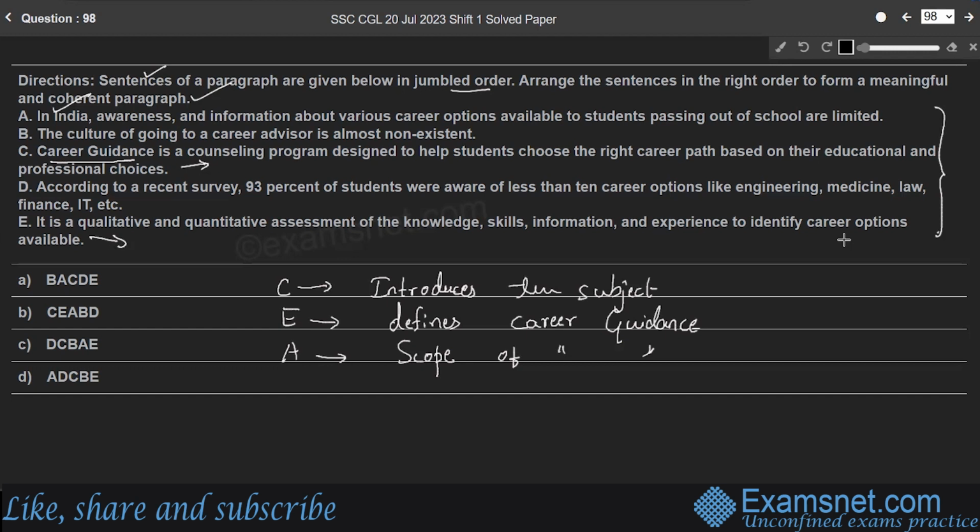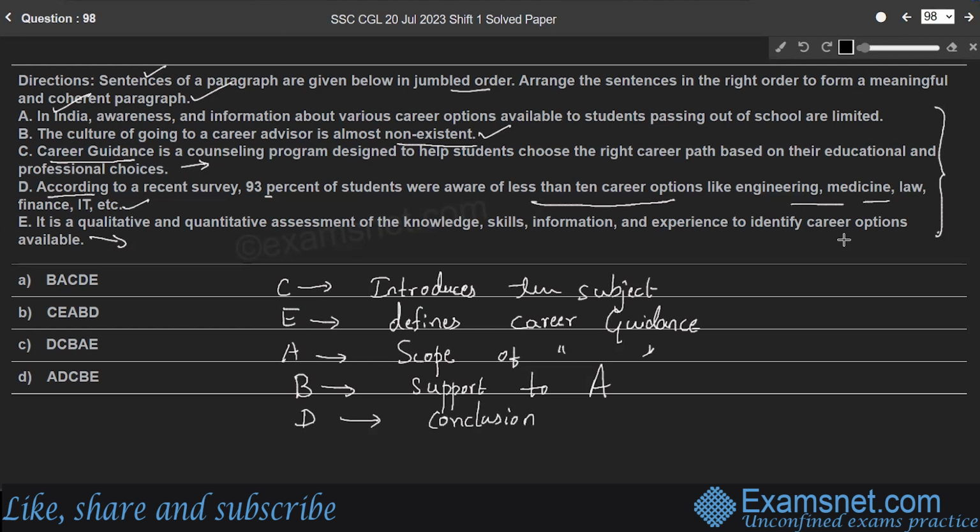Then next comes sentence B: the culture of going to a career advisor is almost non-existent. So sentence B gives support to sentence A. Whereas the last will be sentence D: according to a recent survey, 93% of students were aware of less than 10 career options like engineering, medicine, law, finance, IT, etc. So sentence D gives the conclusion to the paragraph, at last, finally.